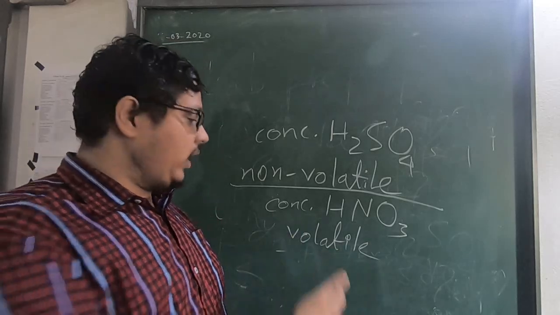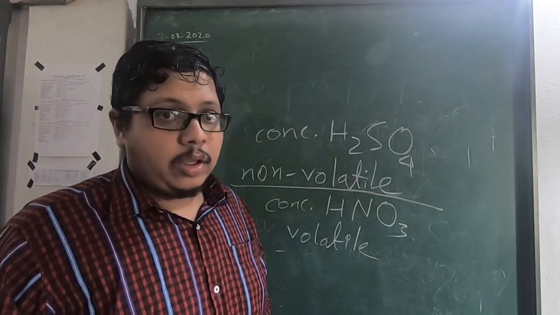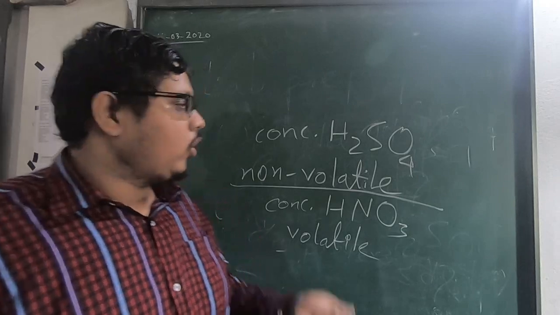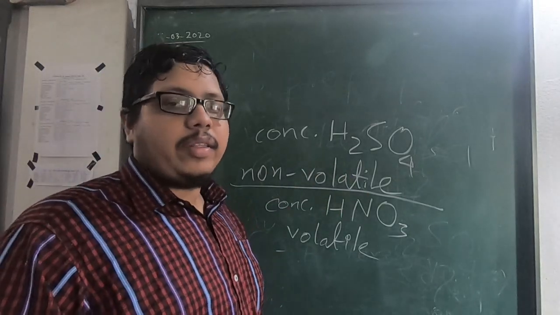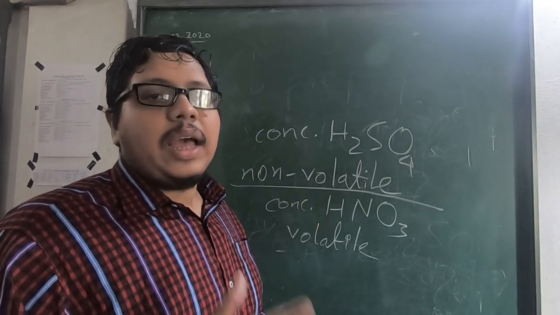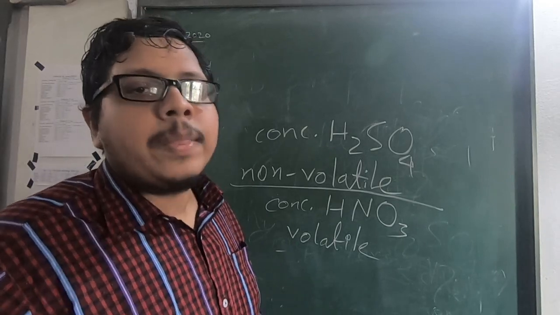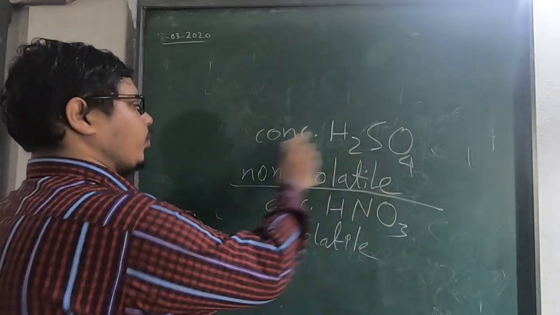However, along with that, we will get nitric acid vapors, which we don't want. We want as few impurities as possible. So if we use concentrated sulfuric acid, we will get HCl, and there will be no other acid vapors with it, because sulfuric acid is non-volatile. It does not form vapors easily. Okay?